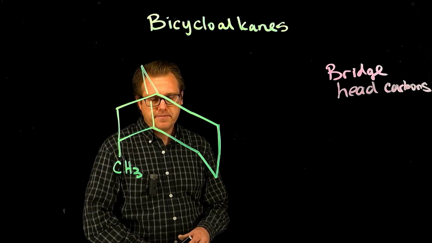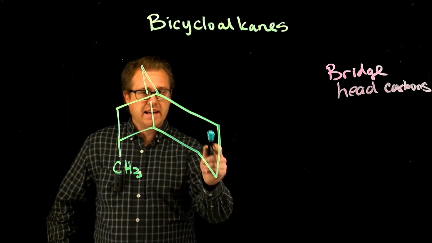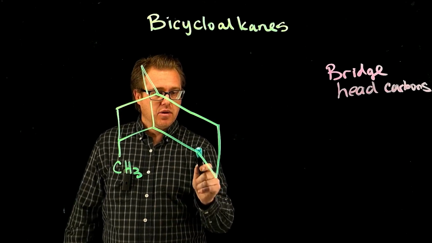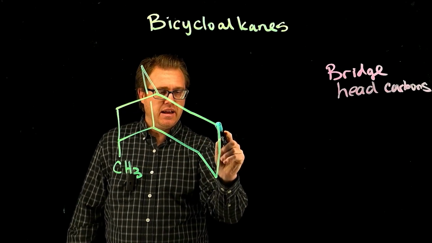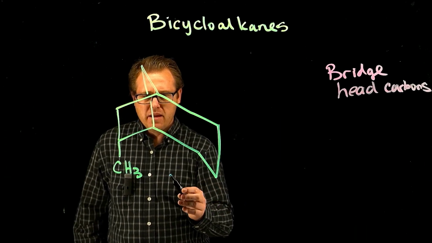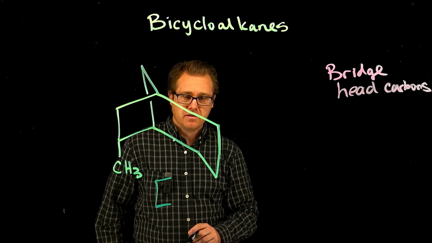Now with this one, we see it's a bicycloalkane. We count how many carbons are in the ring. Let's start with this one: 1, 2, 3, 4, 5, 6, 7, 8. So it's another bicyclooctane. Now we have to figure out the paths here.